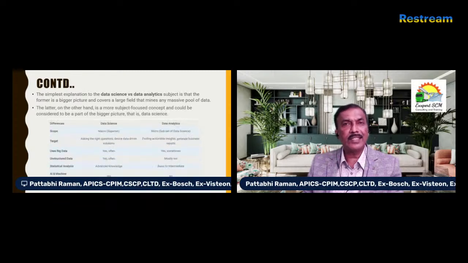You can see the difference: when we talk about data science, the scope is macro level, whereas data analytics is micro. The target for data science is to ask the right questions and devise data-driven solutions, whereas by using data analytics, you are going to find actionable insight and generate business reports.